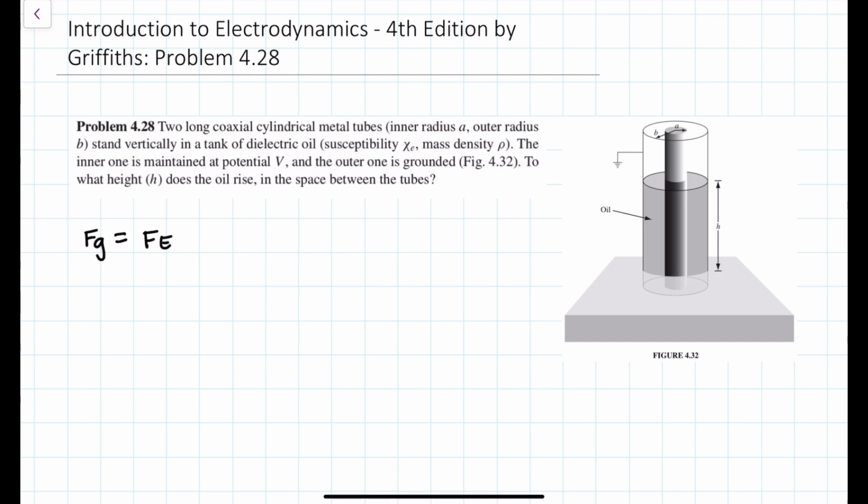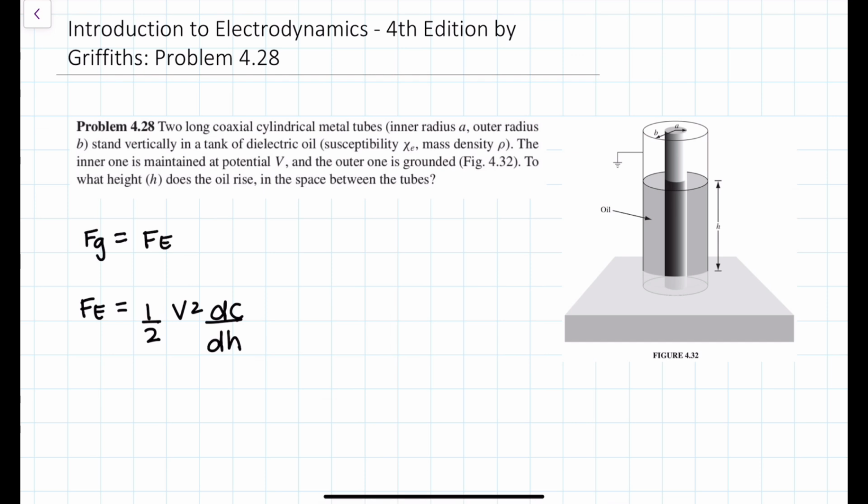So we can start by finding the electric force on the dielectric. This can be found using one half of the potential squared times the derivative of the capacitance with respect to h. So how do we find that capacitance?